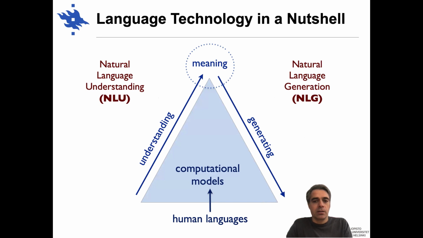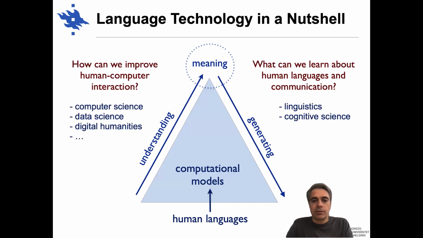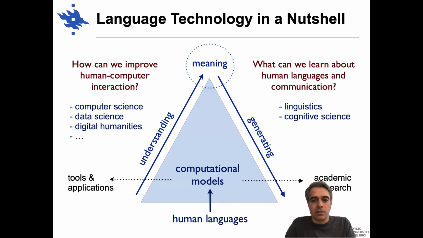Both of them are naturally connected and refer to the basic questions that we ask about human communication and human-computer interaction. Language technology in this sense comes with two different sides: an academic side that studies communication and how languages are really used, and the applied side that focuses on development of practical tools.